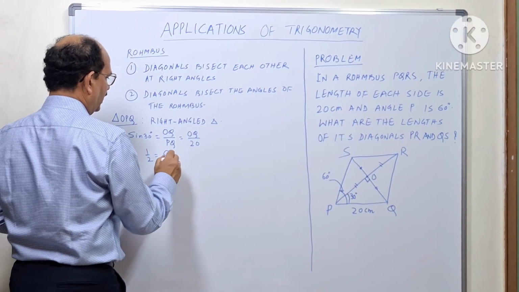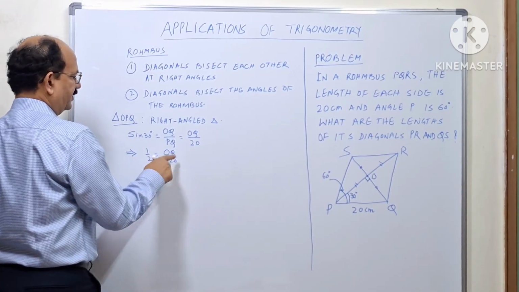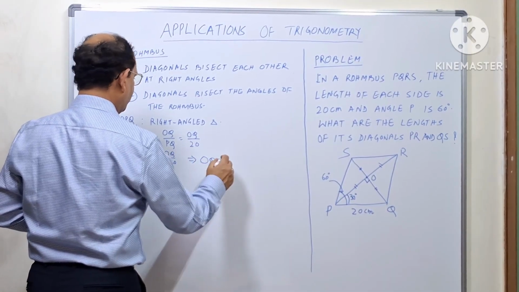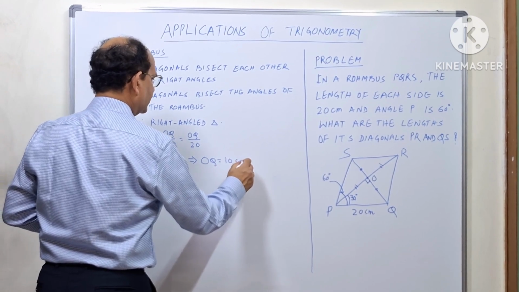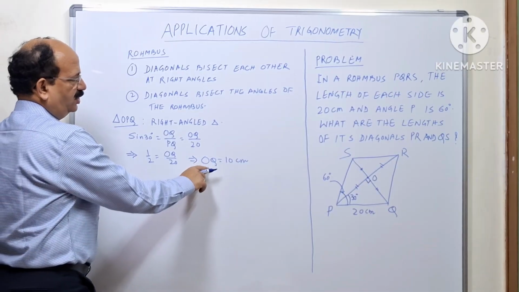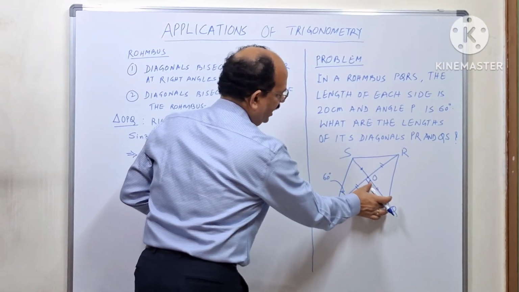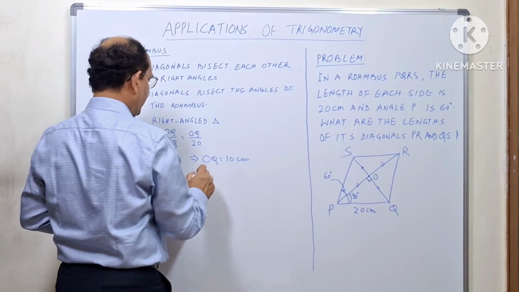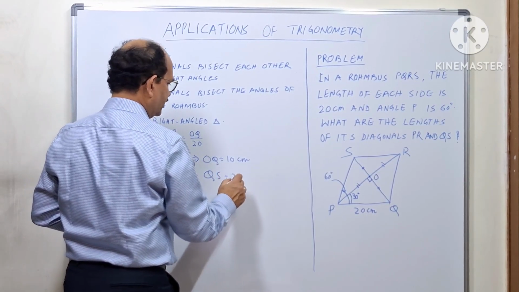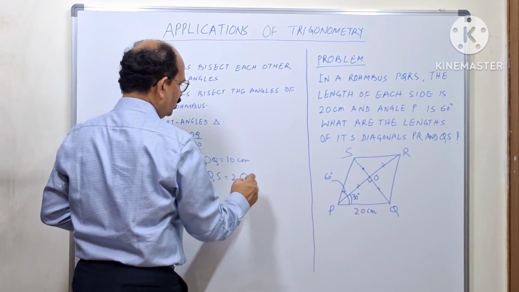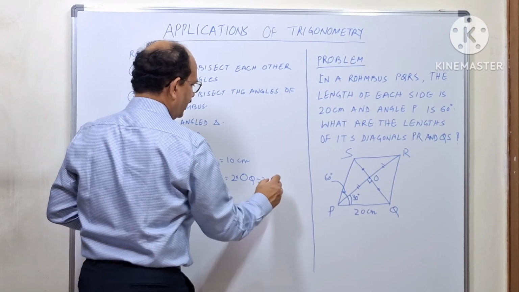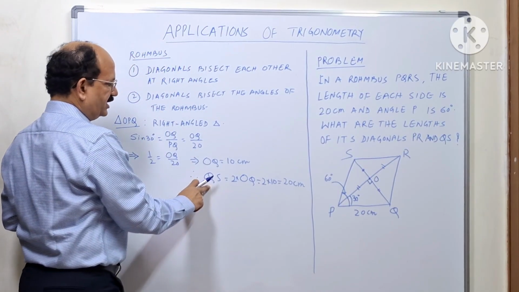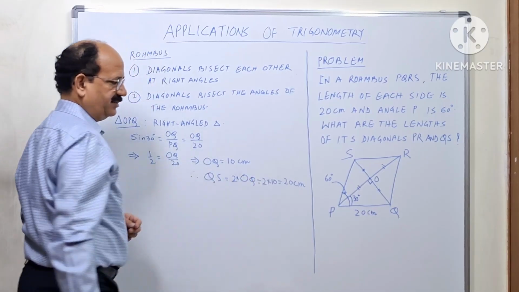So half equals OQ by 20, and therefore OQ is equal to 20 by 2, which is 10 centimeter. Now we know that OQ is half of this total diagonal QS. Therefore, QS is equal to 2 times OQ, 2 multiplied by 10, which is 20 centimeter. So the first diagonal QS we found is 20 centimeter.